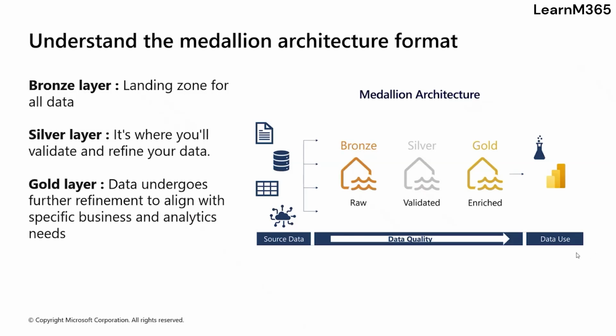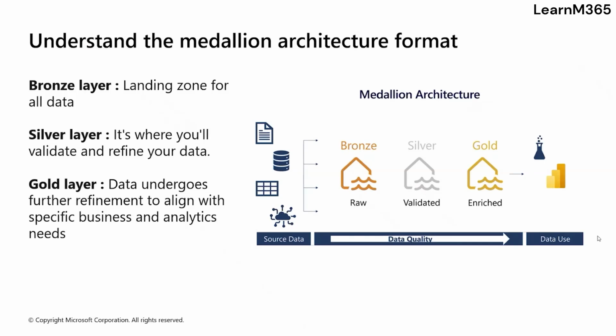All right. Then, if we talk about the silver layer or validated layer, it is the second layer of the lakehouse. It's where you will validate and refine your data. And typical activities in the silver layer include combining and merging data and enforcing data validation rules like removing nulls and deduplicating.